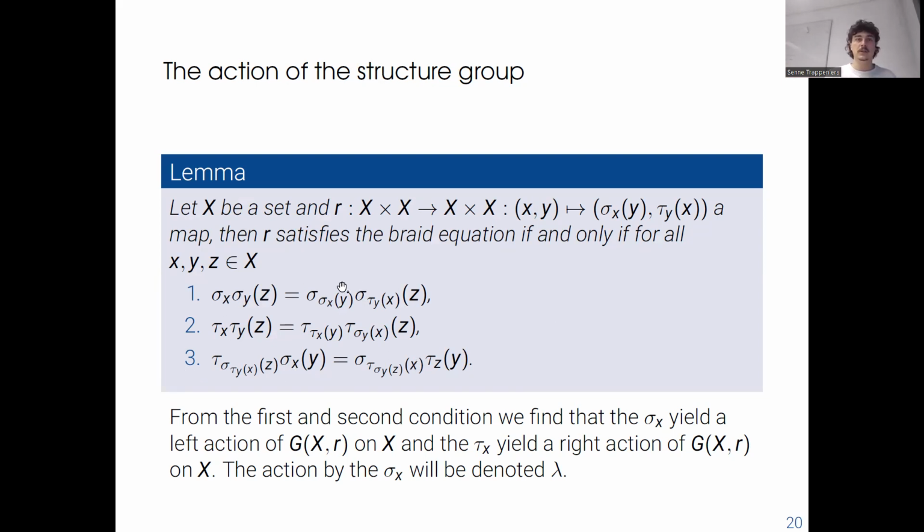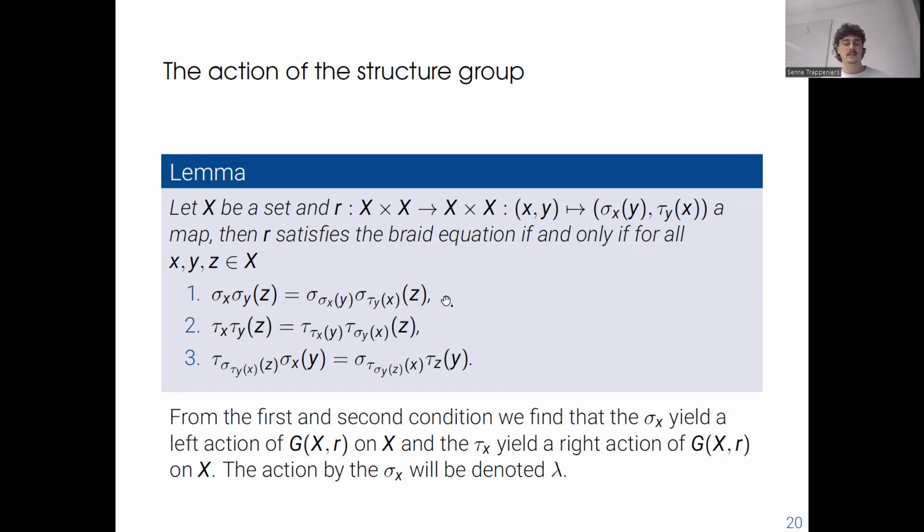On the other hand, if we look at the first one, it says that sigma x after sigma y applied to z should look like sigma of sigma x of y applied after sigma of tau y x. But once again, we see the original solution R showing up because xy is mapped to this pair right here.